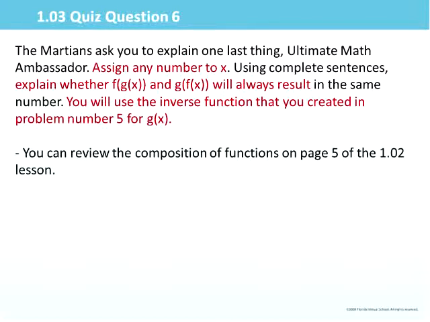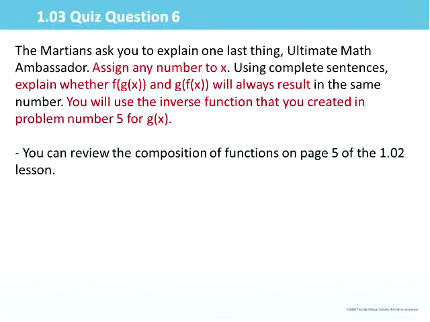And then lastly, you're going to explain one last thing. You're going to assign a value for x or a number for x, and then again explaining in complete sentences whether f of g of x and g of f of x will always result in the same number. You will use the inverse function that you created in number 5 for g of x, and your f of x was your original function you created for number 2.